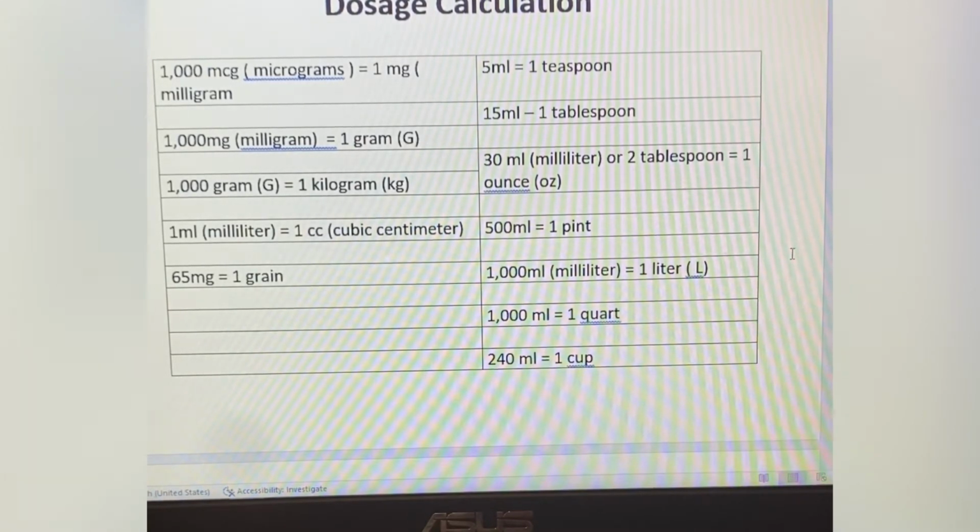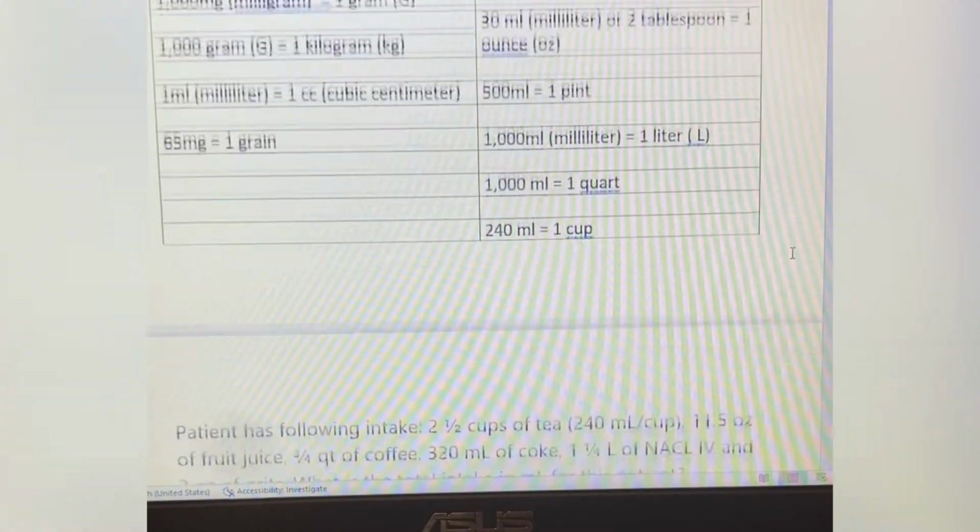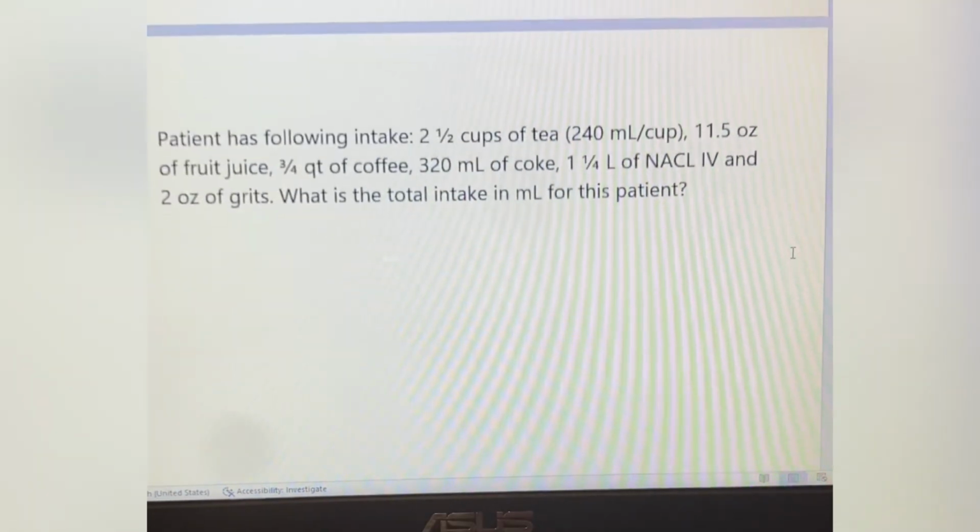Just take a look at the dosage calculations. Memorize them, and then we will answer the questions. Let's answer the question.